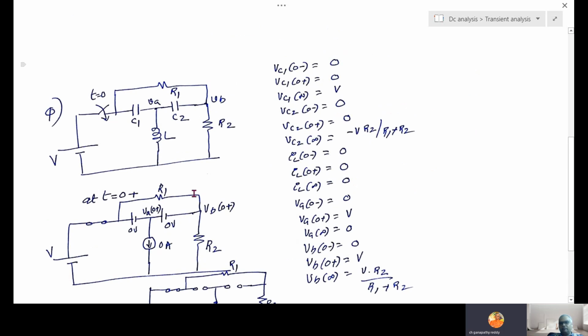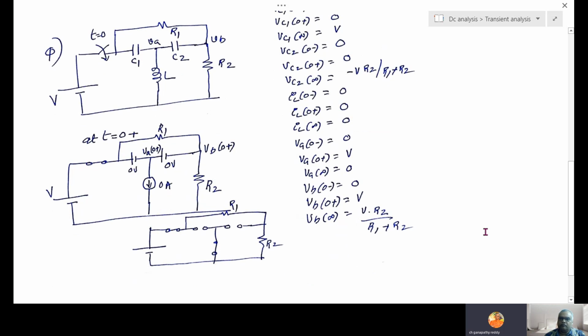This is another problem asked in the DRDL exam. DRDO or DRDL defense exam, long ago. In this problem, they asked this bit, this VB infinite.